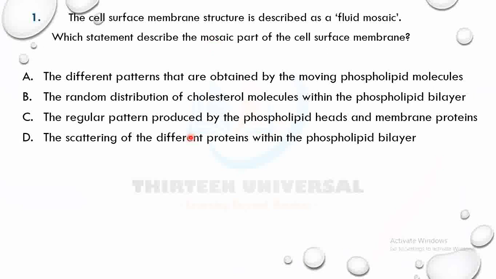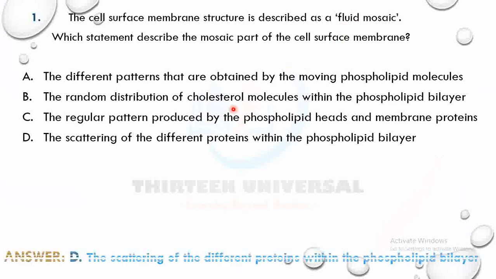That brings us to option D, the scattering of different proteins within the phospholipid bilayer. The scattering of different proteins explains mosaic, while the movement of phospholipid explains fluid. So the answer of course is D.